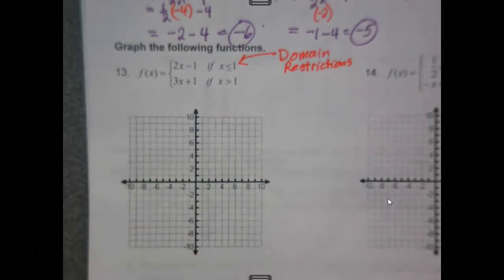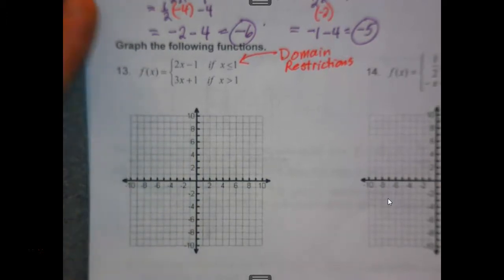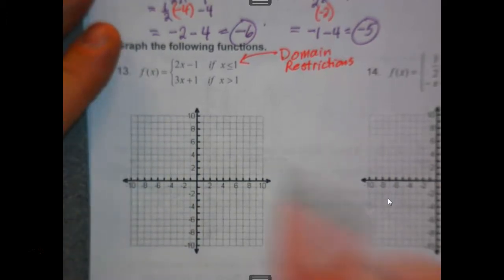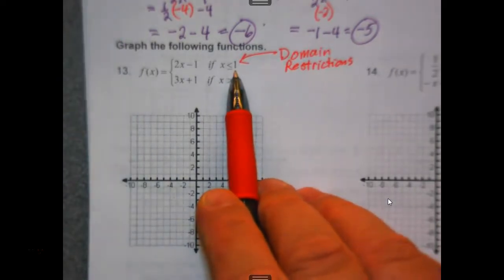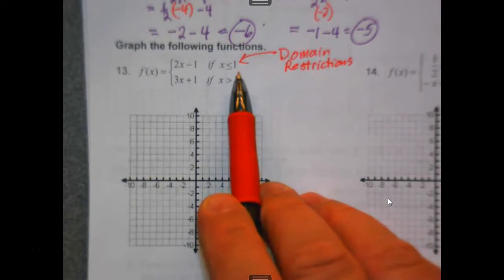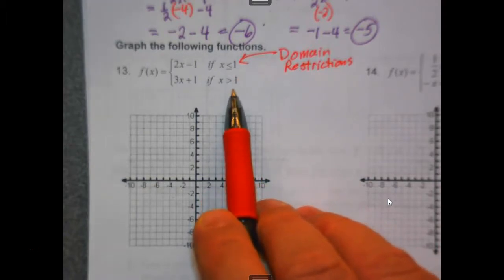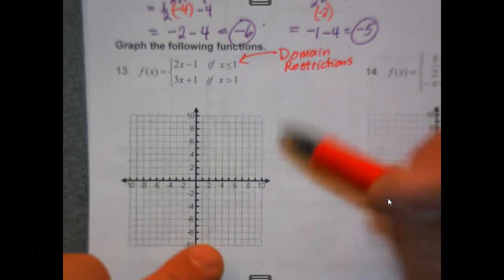We're not going to insert the parent function, which would be the line y equals x in this case. Okay, there are domain restrictions. So we have numbers that are less than or equal to 1, and we have numbers greater than 1 on the x-axis, correct?